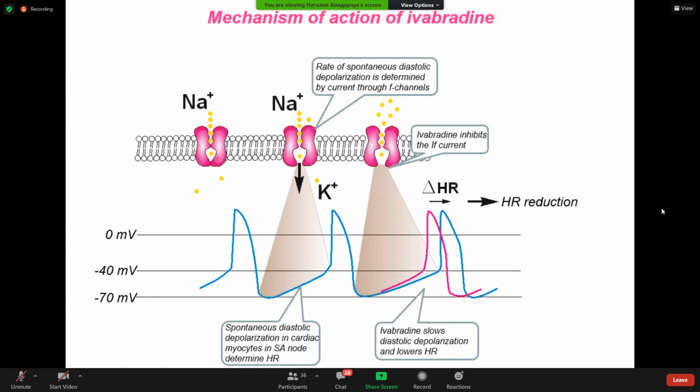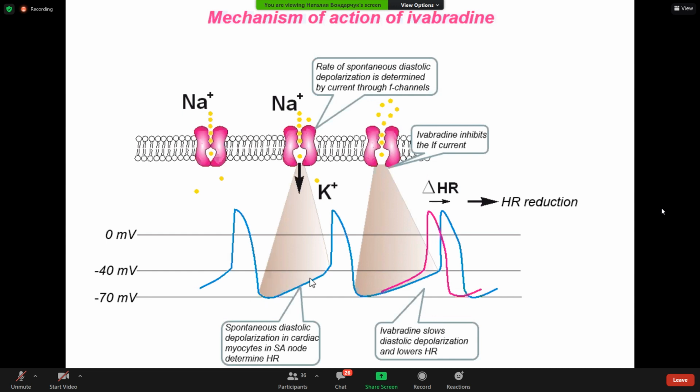The mechanism of its action is the inhibition of Fanny channels. These channels work during the fourth phase of sinoatrial node. So, and the current through these Fanny channels provides rate of spontaneous diastolic depolarization. This phase, fourth phase.